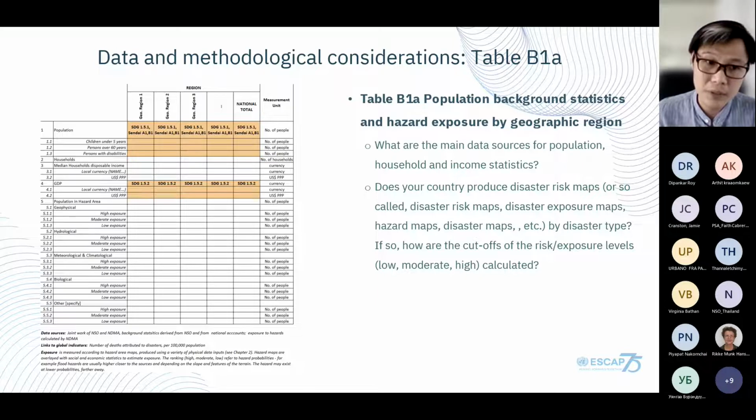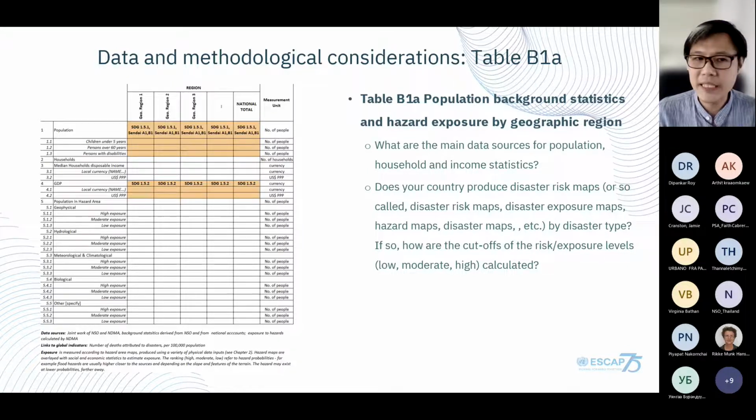We also have number of households, median disposable income. We also want to record the GDP in different regions of the country. And this part, very likely the data might come from the NSOs as background information that could be useful both before the disaster happens, or in peacetime when we want to do proper planning for disaster risk management.